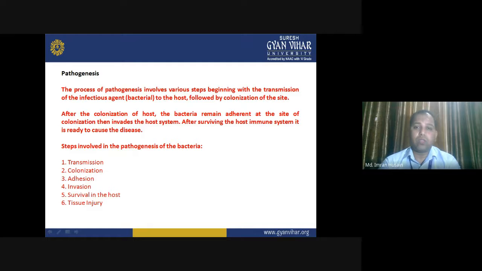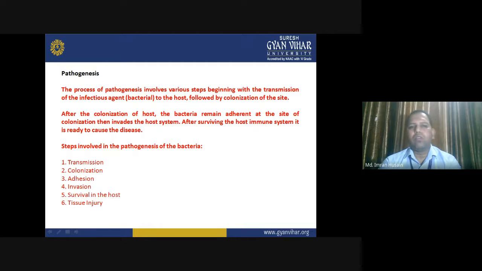After surviving the host immune system, it is ready to cause disease. So luckily that one bacterium survived the immune system attacks, and as a result it forms many colonies and many different sites of infection where the number of bacteria is increasing, and eventually it causes a disease.